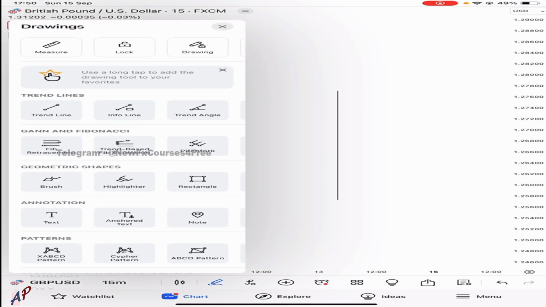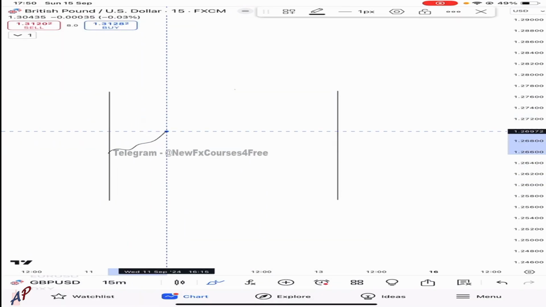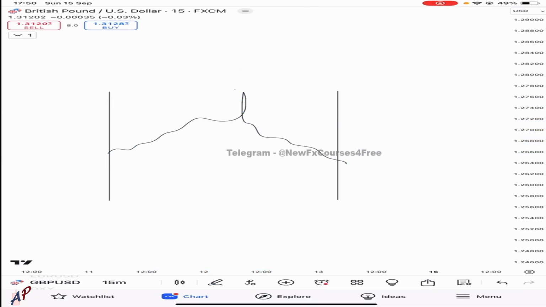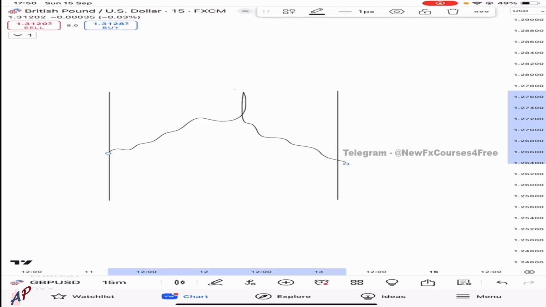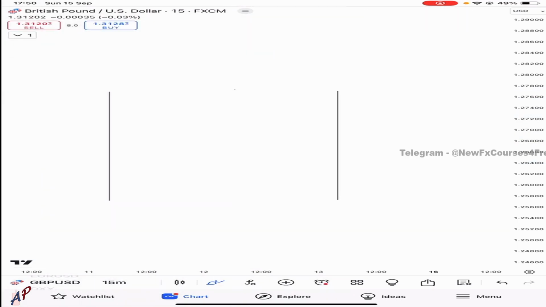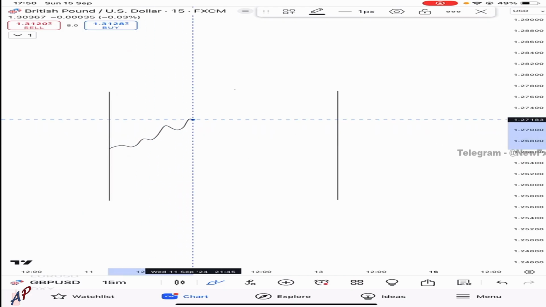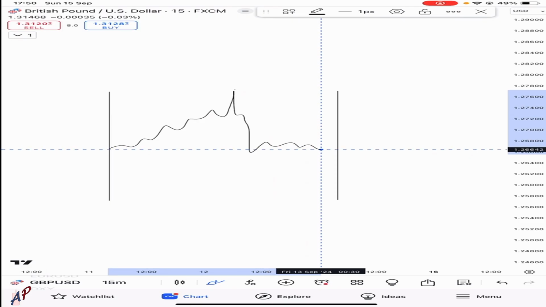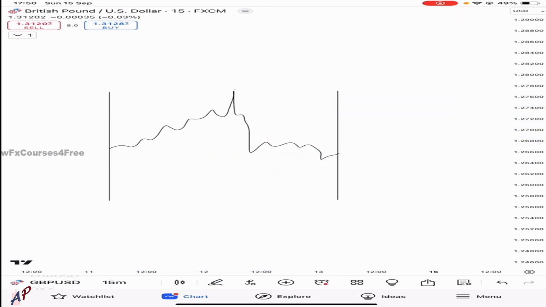Otherwise, it will be reached towards 11, because it's the midpoint in time of the candle.